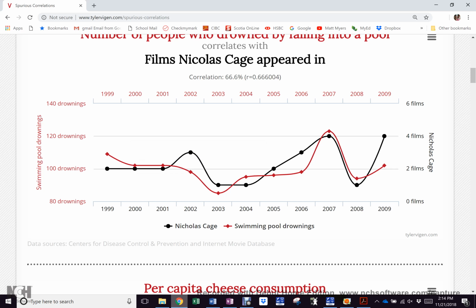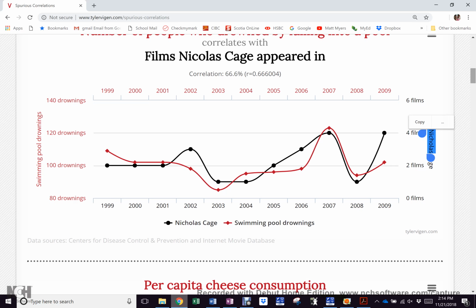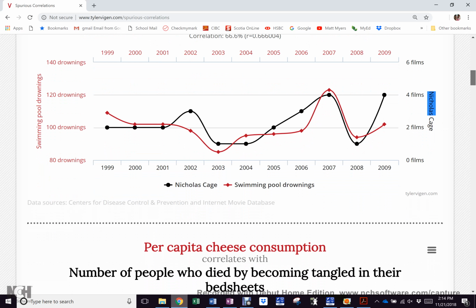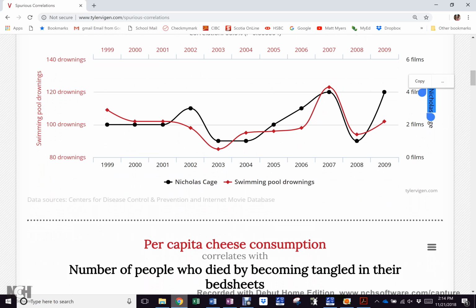Ready for the next one? Per capita cheese consumption. That is how much cheese a human being in the United States eats a year. Everybody ready? That consumption of cheese relates with the number of people who died by becoming tangled in their bed sheets.